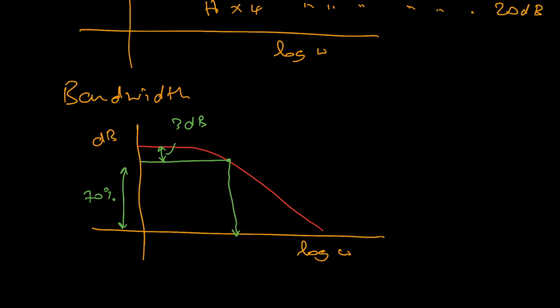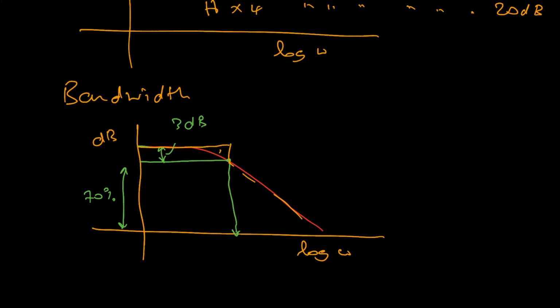When people talk about the bandwidth for an amplifier, what they mean is that the sound maintains its amplitude over a fairly wide range of frequencies. There's a cutoff here, 70% or 3 dB, after which it drops off pretty rapidly.